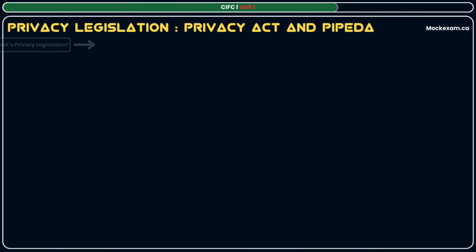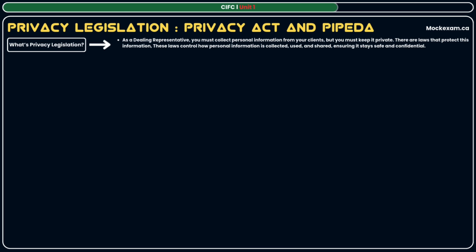So, what's privacy legislation? You, as a mutual fund dealing representative, must know that you must collect personal information from your clients when opening an account. Name, address, all personal information. But you must keep this information that you collect private.